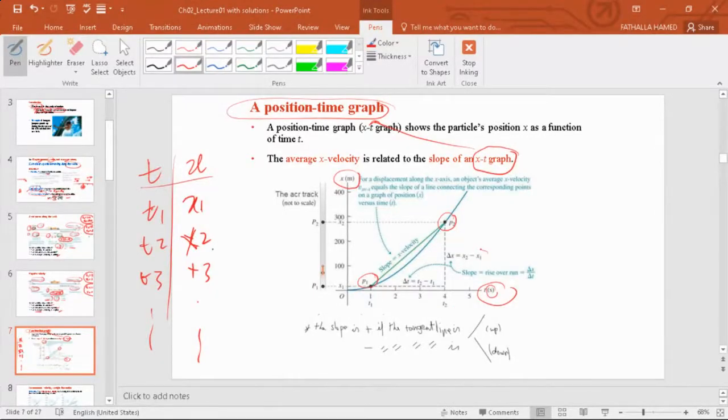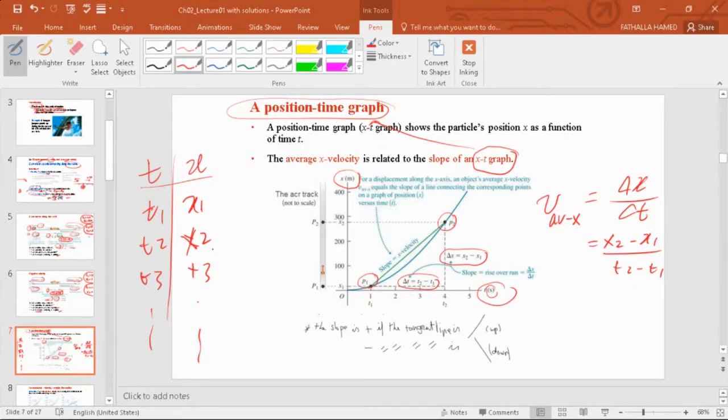Now you can look at your displacement, which is x2 minus x1, and the difference in time, which is t2 minus t1. In accordance with the definition that we had in the previous slide, vfx, that means the average velocity along the x, is equal to delta x over delta t, which is x2 minus x1 over t2 minus t1.